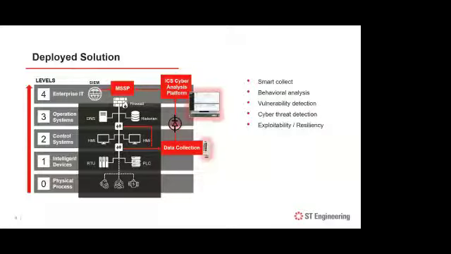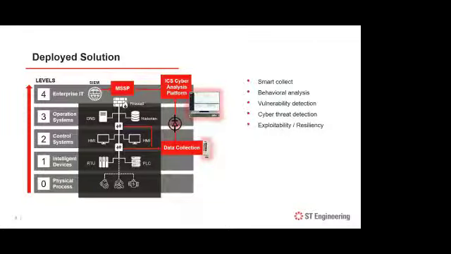Essentially, within the OT network, we will need to identify the core switch in which all the network traffic will pass through and to spam this core switch. Thereafter, the spam traffic will be collected by the data collector, which will in turn pass it to the ICS cyber analysis platform.